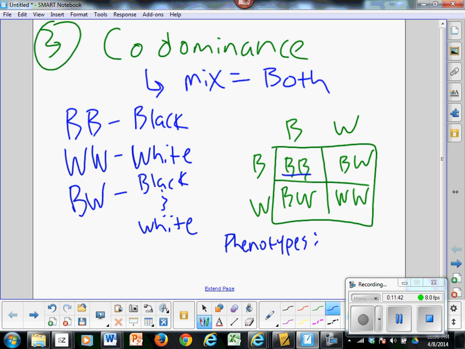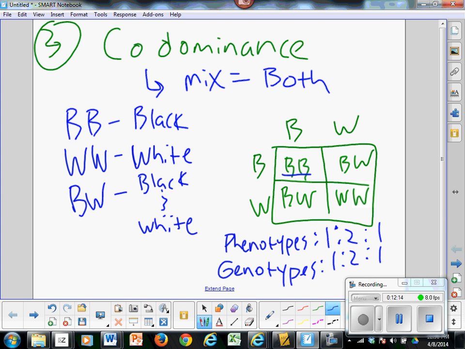One black. Two both, yep. And one white. And genotypes are the same way. You would have one homozygous black, two heterozygous, one homozygous white.